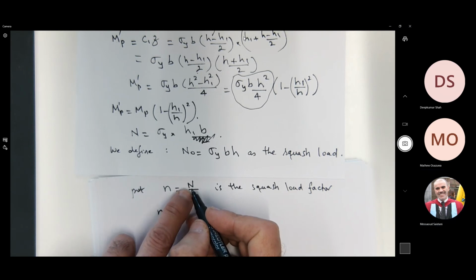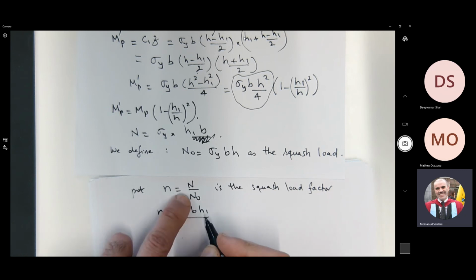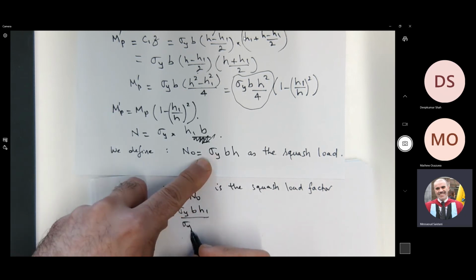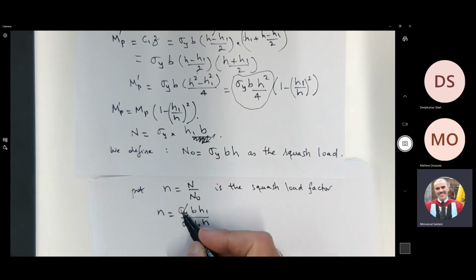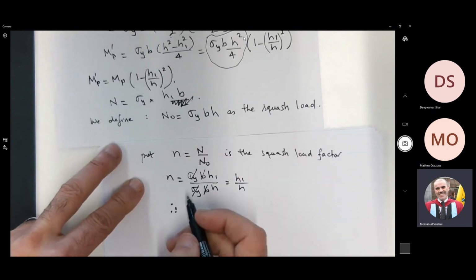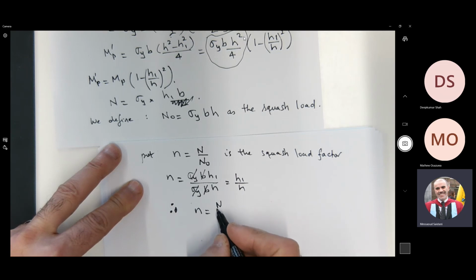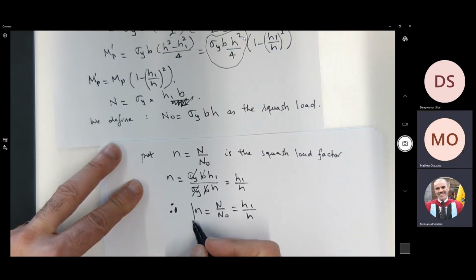N is sigma y BH1, and N0 is sigma y BH, and you can see that sigma y cancels, B and B cancel, and it's H1 over H. Therefore n is N over N0, which is H1 over H.